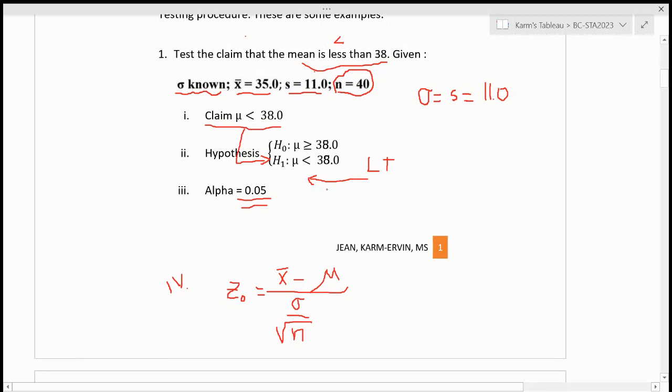So now, what I'm going to ask you is to do the following thing for me. So we say that the sample mean is 35.0, and then minus the population mean, which is 38.0, everything divided by 11.0 divided by the square root of 40.